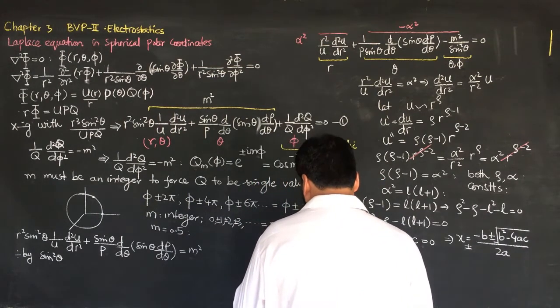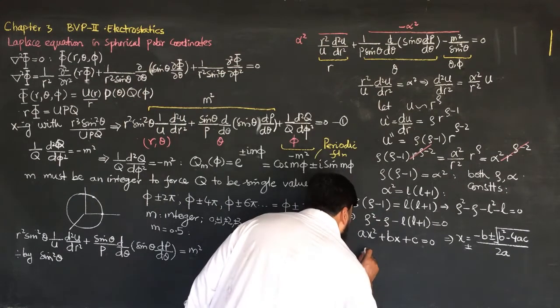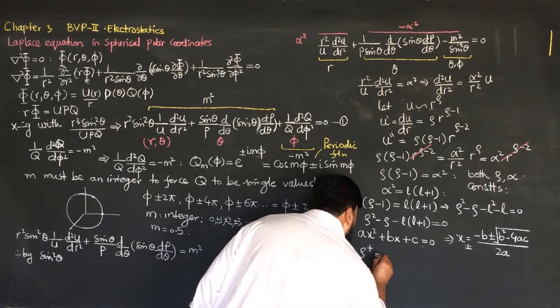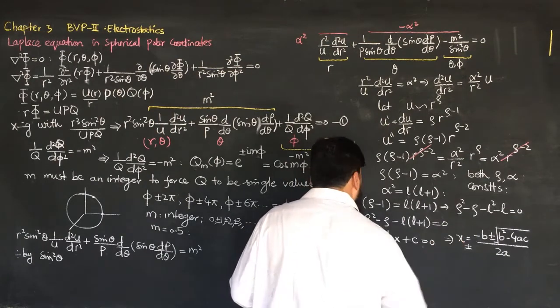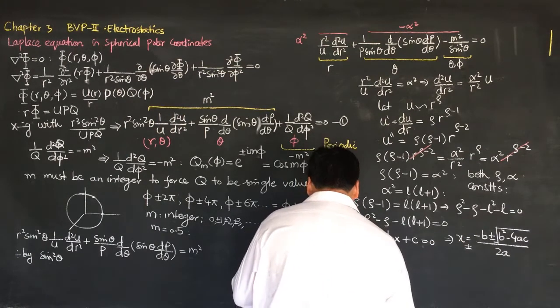So this gives us the rho plus value by putting these values, as we have already done this. So let me write briefly.